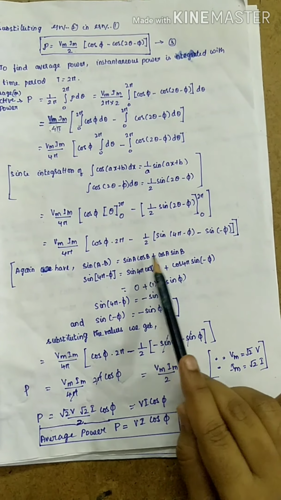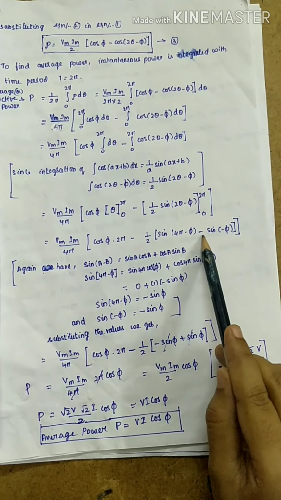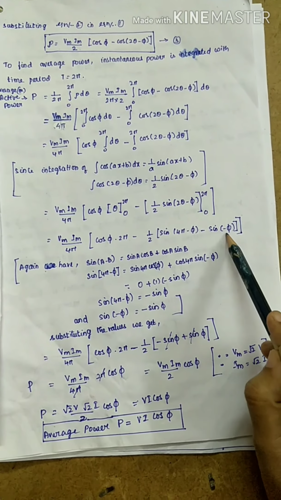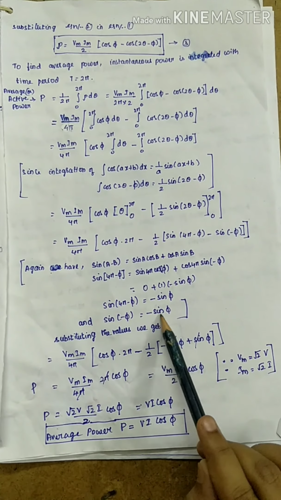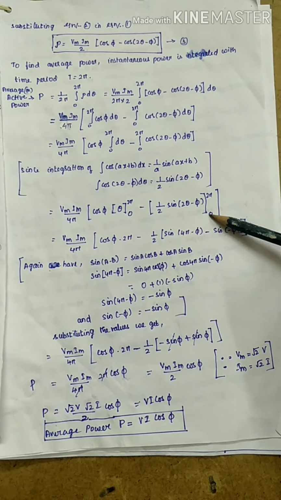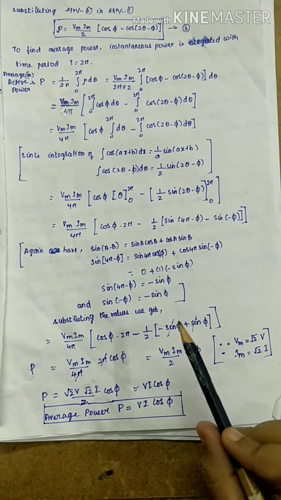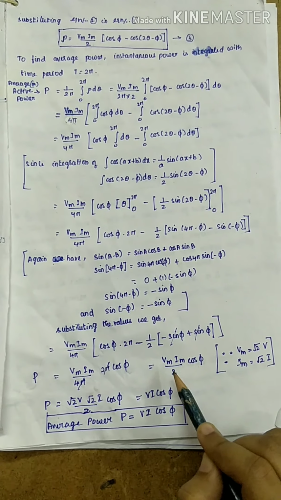By using trigonometric identities, sin (4 pi minus phi) is nothing but minus sin phi, since sin of minus theta is minus sin theta, so sin of minus phi is equal to minus sin phi. After substituting all the values, my answer is Vm Im by 2 cos phi.